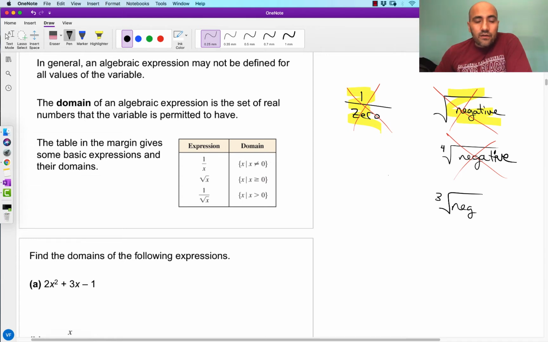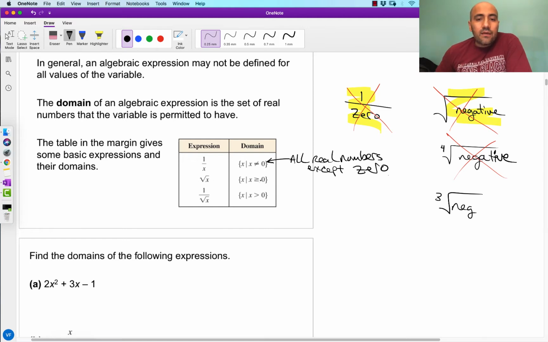This notation here, because the only thing we've identified is that x cannot be 0, is the same thing as saying all real numbers except 0. Right? That's what this is saying. Okay, in here we have the even root of x, the square root of x, and as we noted, we don't want any negatives.